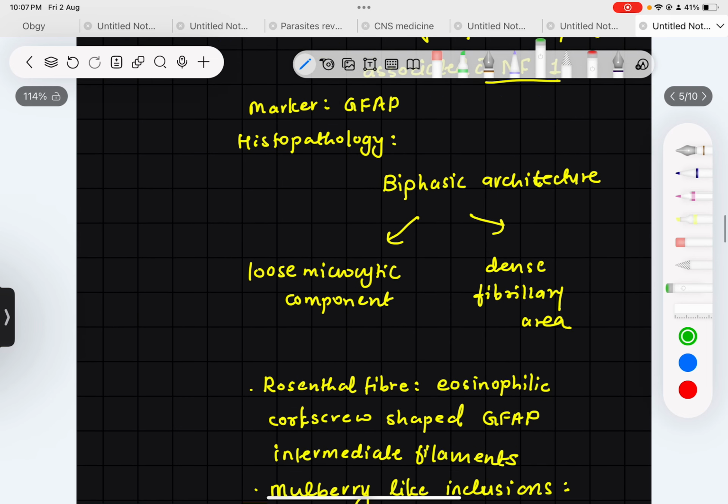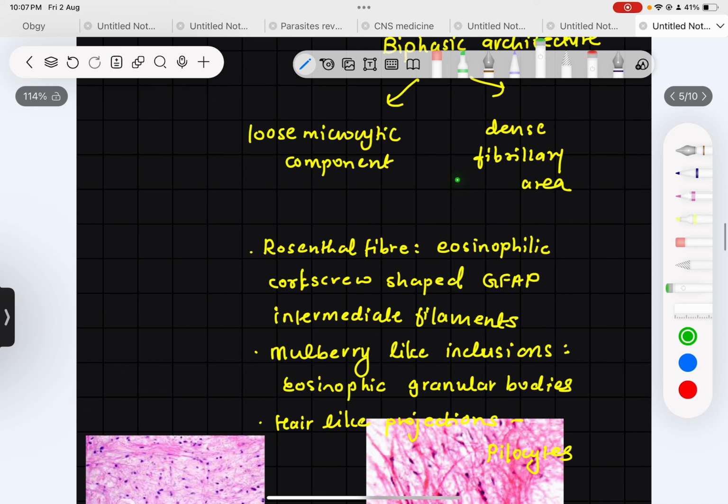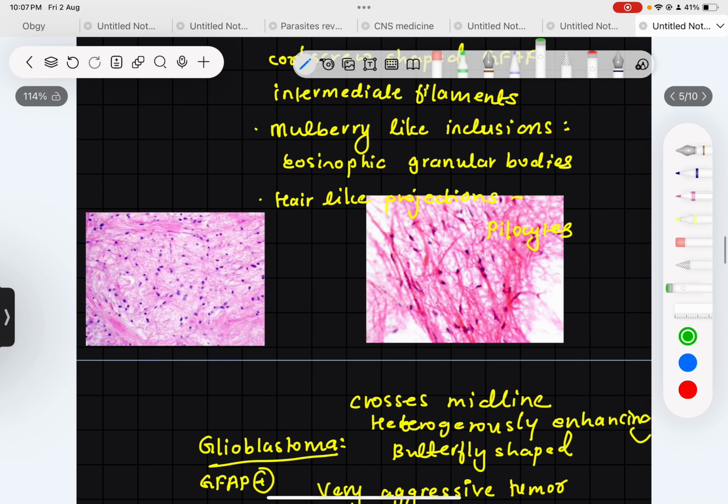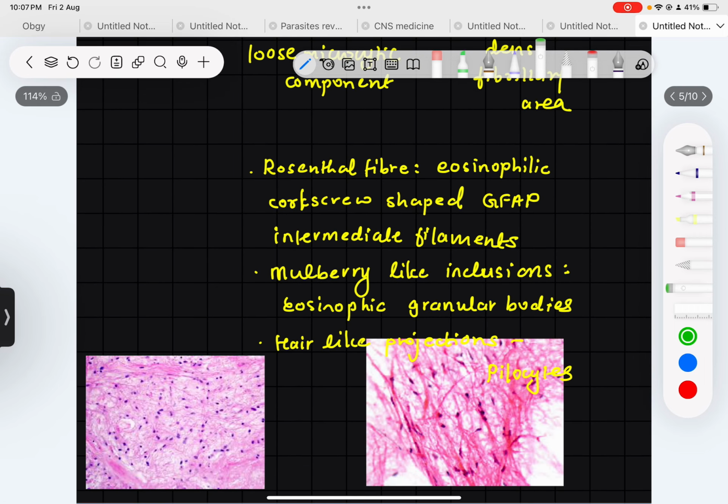Pilocytic astrocytoma has biphasic architecture, so loose microcystic component and dense fibrillary area, and Rosenthal fibers will be seen.